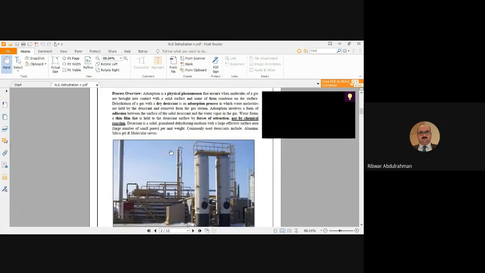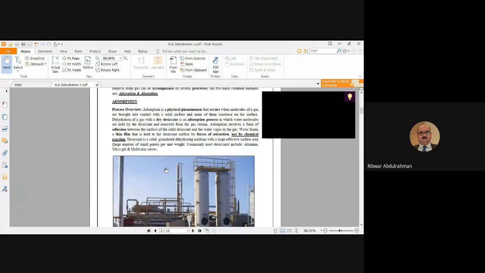So it consists of a tower like that, and the process they call physical adsorption can occur inside the column.